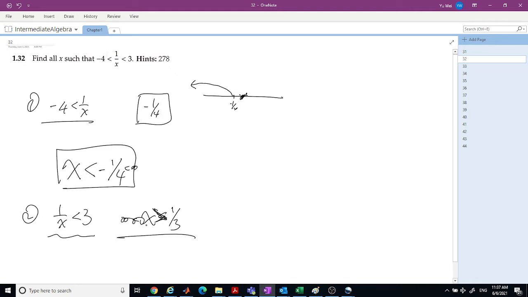Because 1 over 5 is definitely less than 3, right? So greater than 1/3 means the two regions of x should be either x less than -1/4, or x greater than 1/3.